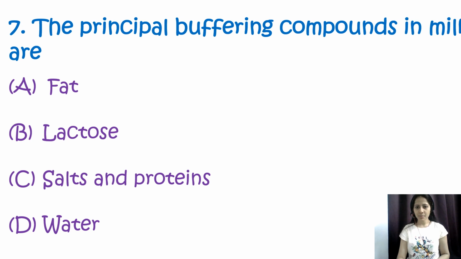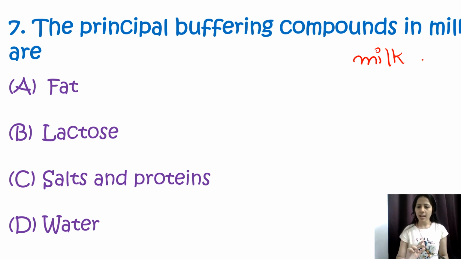So next, question number 7. The principal buffering compound in milk are, okay. So options are fat, lactose, salts and proteins, or water. We know that milk contains fat, then lactose, that is milk sugar, and water.